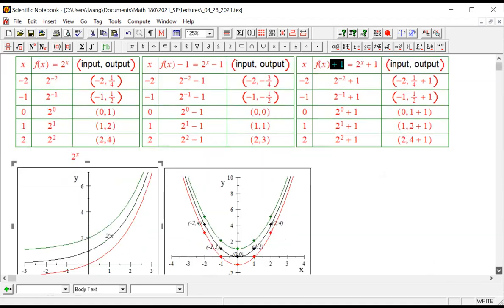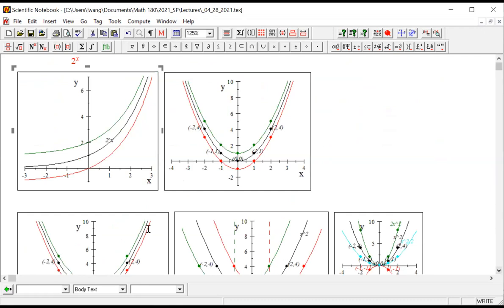And what is more, you can see the domain and range are also changed. Domain doesn't change, but the range has changed as well, right? So let's mark these three in comparison.